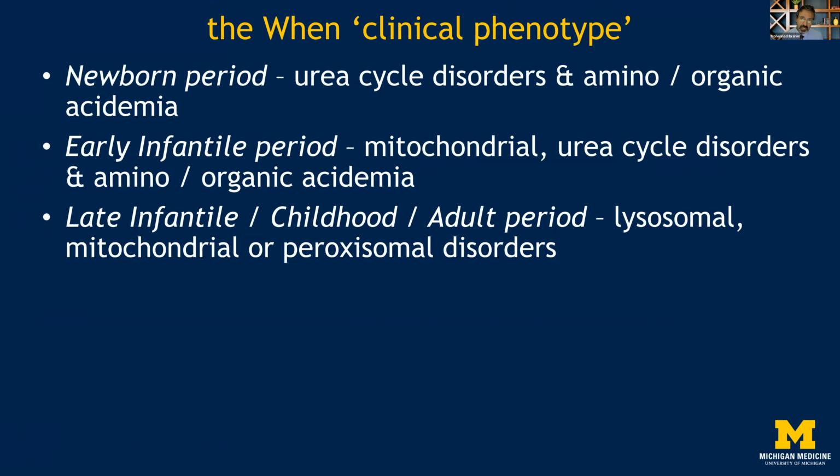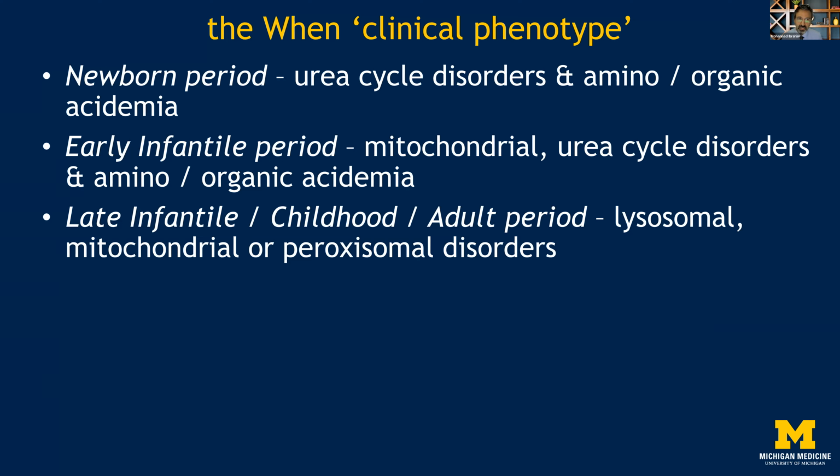Then we can classify these disorders based on how the clinicians evaluate them, that is, the clinical presentation. This can be during the newborn period, which is usually associated with urea cycle disorders, amino or organic acidemias.